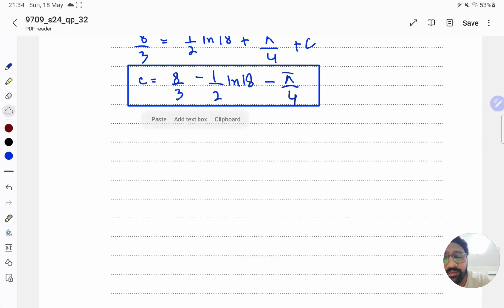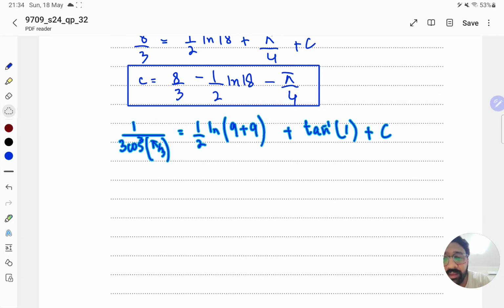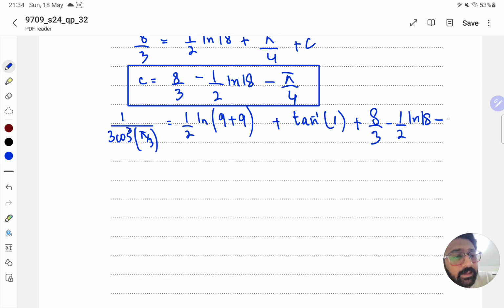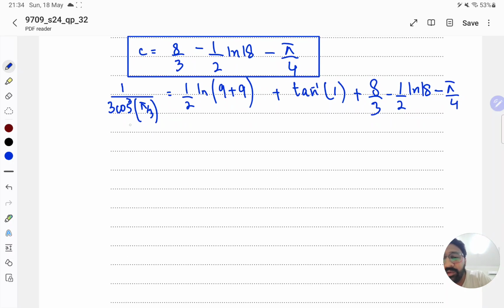This is what we have, and in place of c we will substitute the value for c, which is 8 over 3 minus 1 over 2 ln 18 minus pi by 4. Now I'll substitute the value of x being 0.